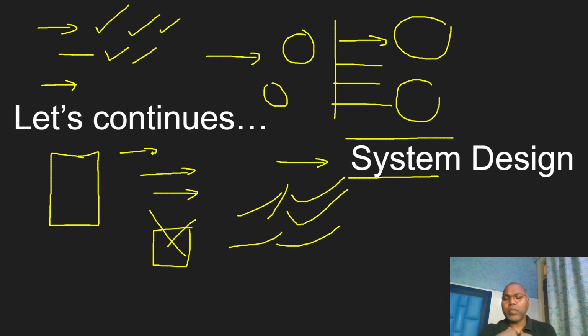So my personal preference is, whenever someone asks you to do a system design, don't just start, hey, I am going to build a highly scalable system, I am going to use a distributed database, I am going to use load balancing. Everything you apply without understanding what the customer wants, what the customer needs.